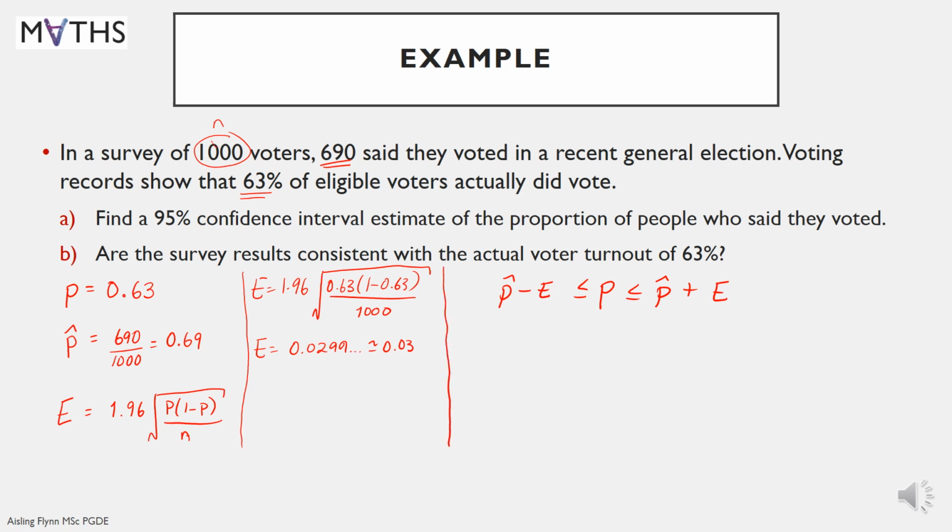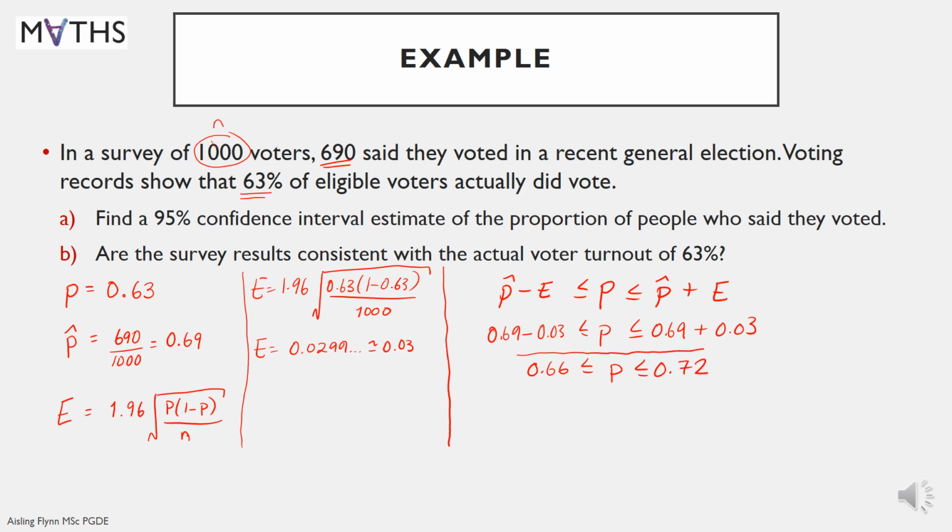Now we're in a position to construct the interval. Let's fill in for p hat, which is 0.69 minus our error, and then we'll have our p hat plus our error. That gives me 0.66 or 66% as the lower limit of the interval and 0.72 as the upper limit of the interval.